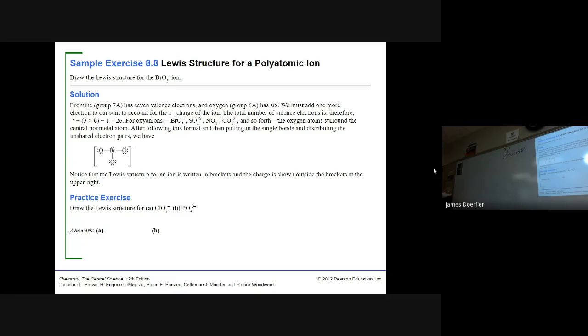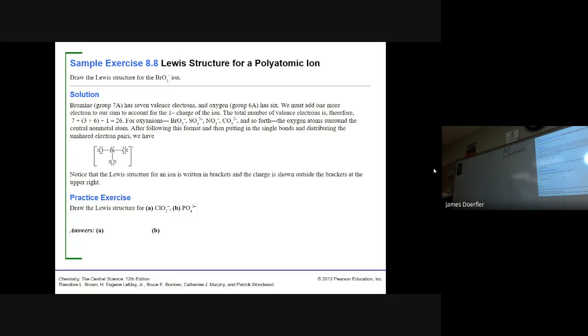Now, one thing I think I forgot to mention yesterday when we were doing ClO2 minus. Again, these are polyatomic ions, also known as oxyanions. Why do we call them oxyanions? Any guesses? Because they contain oxygen, yes.